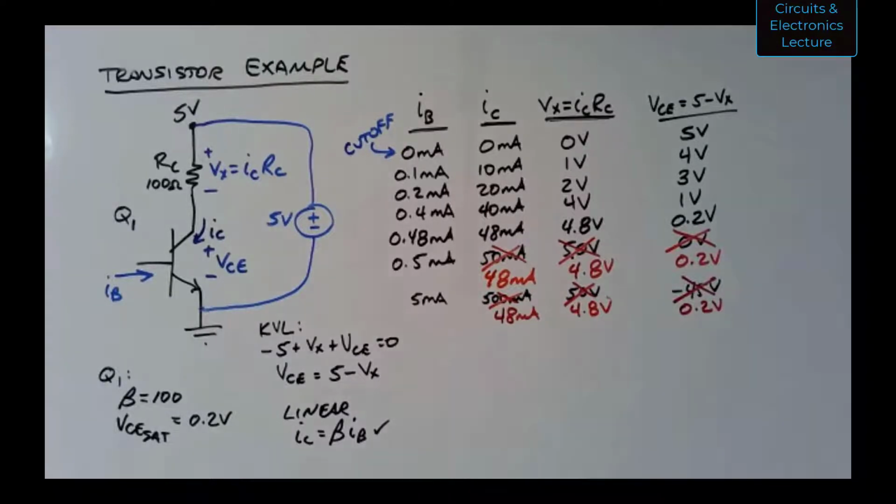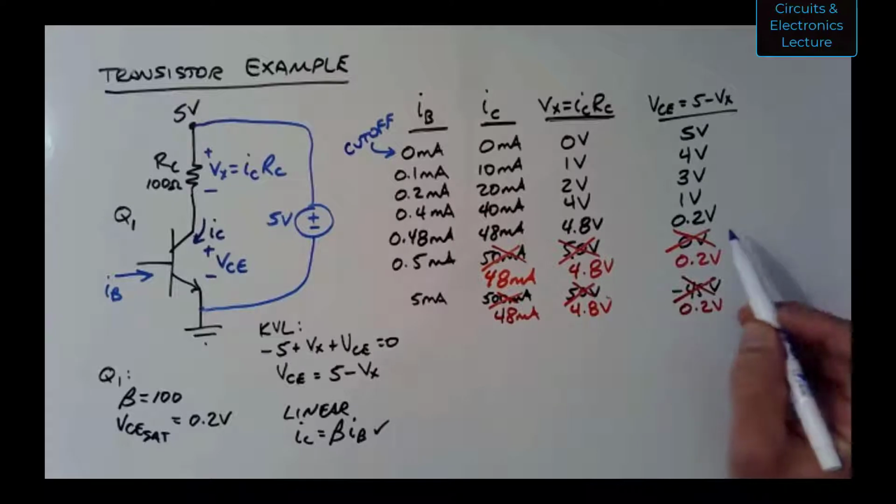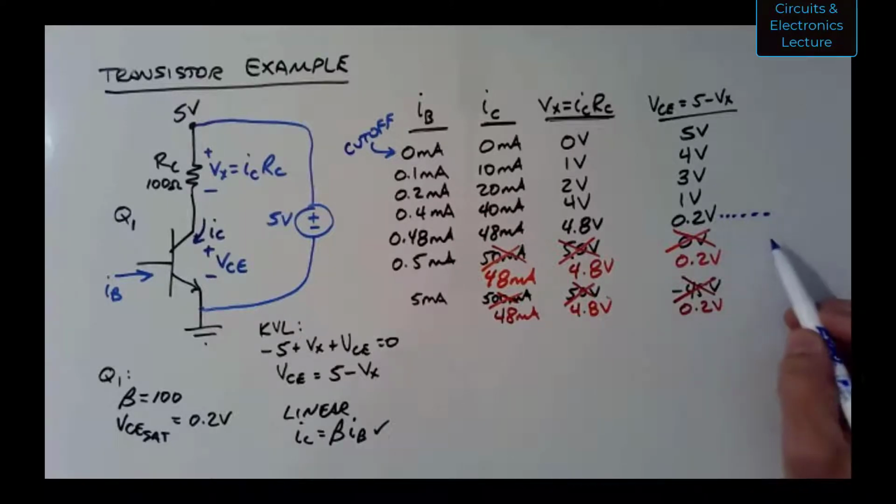And so all the current that can flow is flowing, and you can get no more current flowing into the collector by applying more base current. So if I were to divide these into regions, I'm going to call somewhere right here, this is saturation down here.